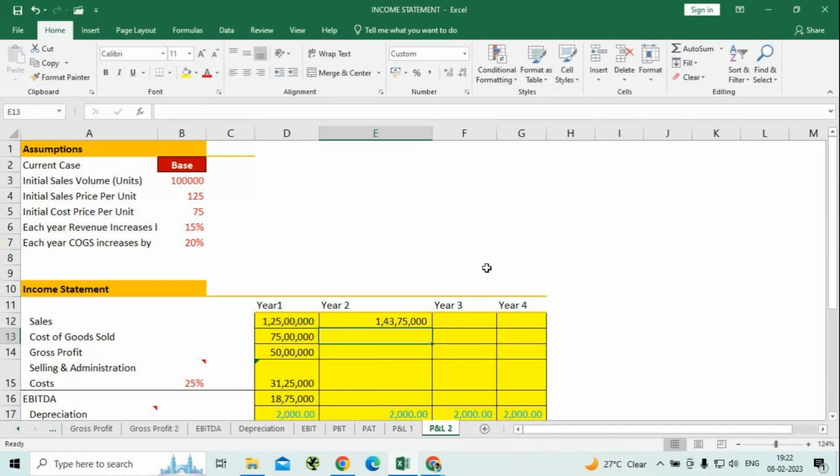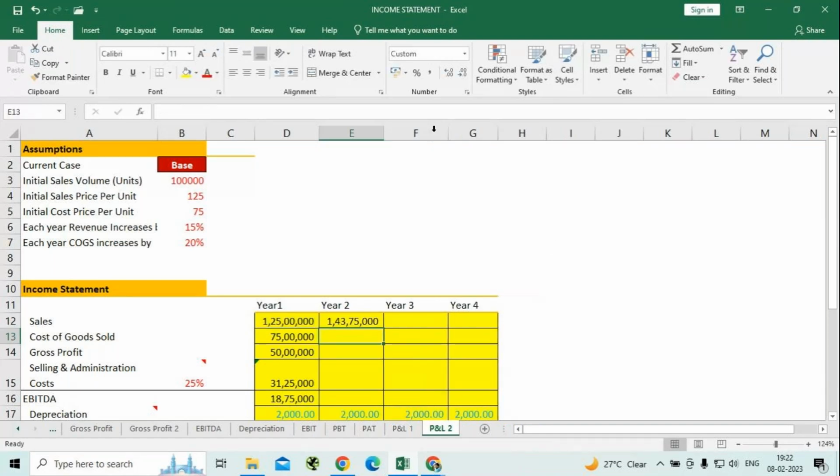You are going to get the same thing. Either way, whatever you have understood is good. So this is another way of calculating the same values. Whenever there is an increase, you can calculate it this way. Should I do year 3 and year 4, or do everything for year 2 first?